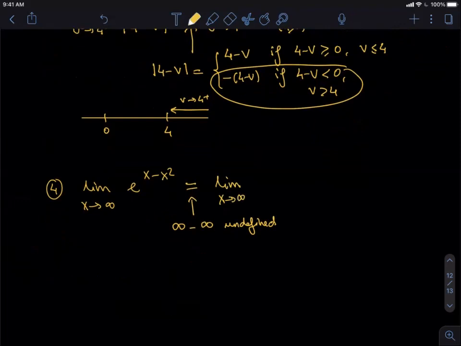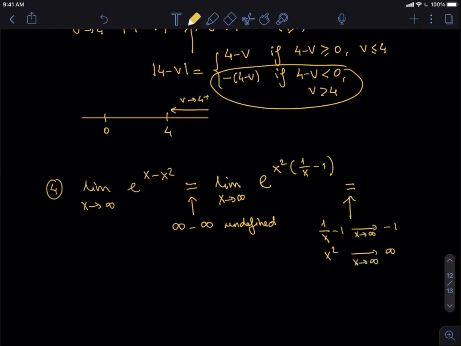Well, we need to compare and see what is growing faster, x or x squared. For that, what we are going to do is factor the x squared and see if that helps. And it does help because now notice what happens here. 1 over x minus 1 tends to -1 as x tends to infinity, and x squared tends to infinity as x tends to infinity.